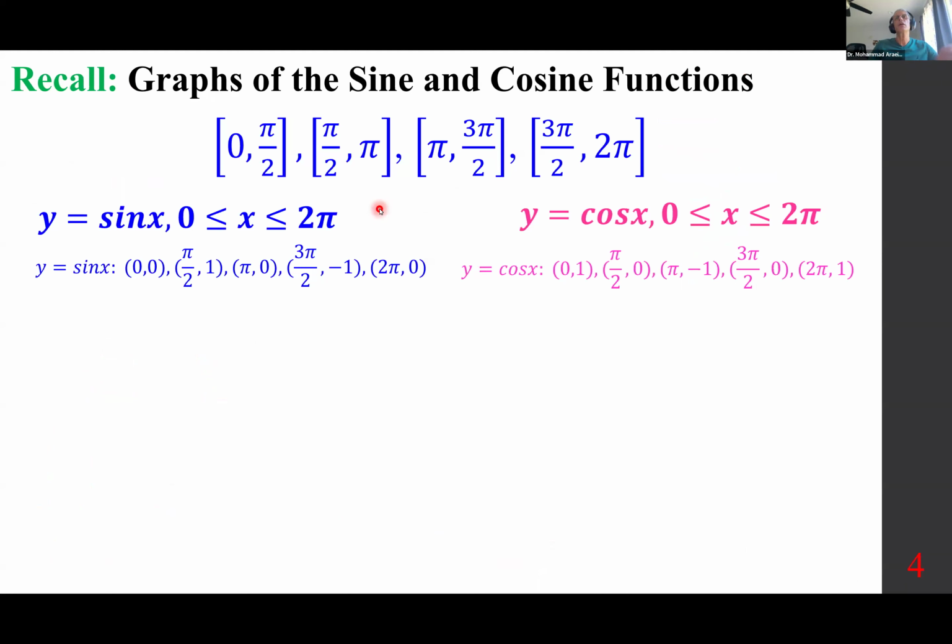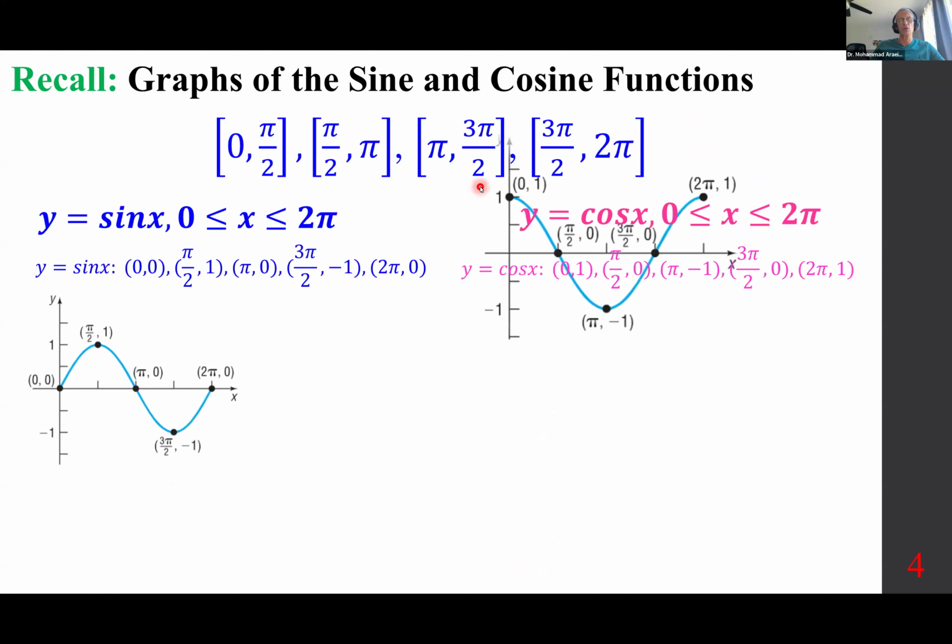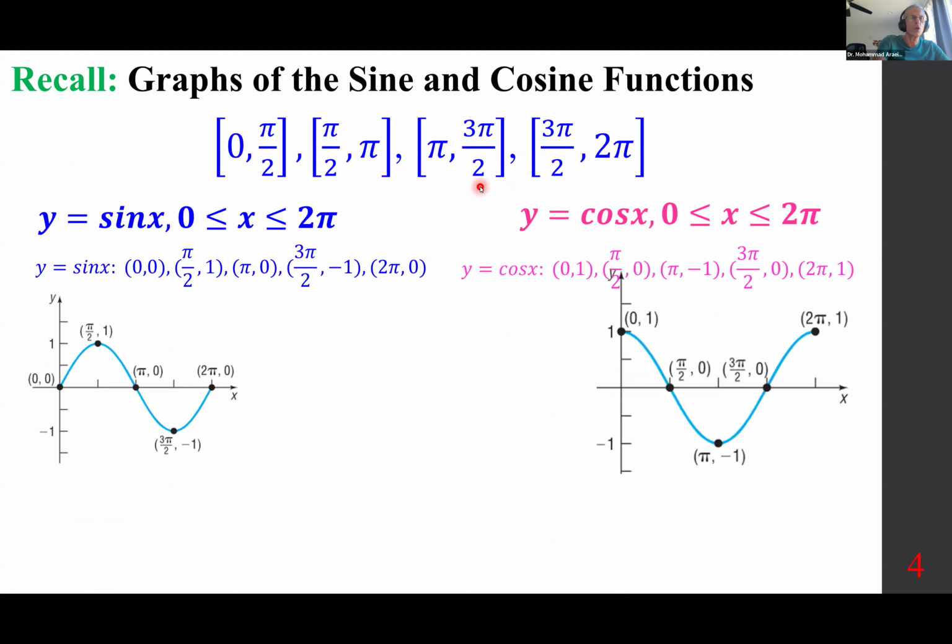Graphs of sine and cosine, we cut them into a complete period of 0 to 2 pi. We cut it into 4 equal parts. And therefore, we create 4 arcs from 0 to pi over 2, pi over 2 to pi, and so on, both for sine and cosine. So 1, 2, 3, 4, 1, 2, 3, 4 arcs.